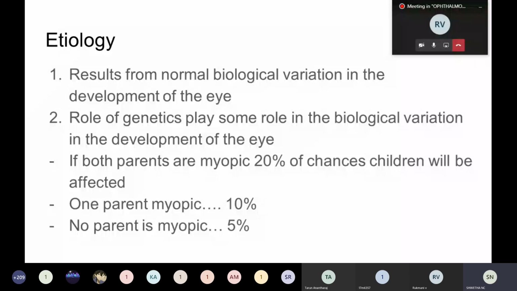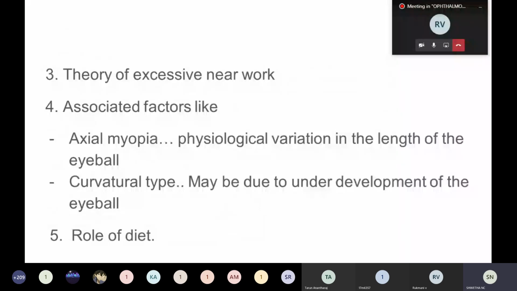If no parent is myopic, the child has only a 5% chance of developing myopia in future. And they tell that if you do excessive near work, there are chances of getting myopia. We don't know how much. There is a theory, but it is not a proven factor for developing myopia. Sometimes there may be associated factors like, as I told you in the etiological classification, axial myopia.